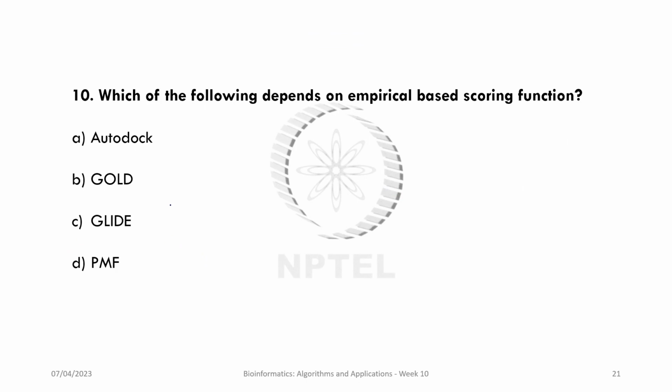Question 10. Which of the following depends on empirical based scoring function? A. Autodock, B. Gold, C. Glide, and D. PMF. So PMF we know is a knowledge based scoring function.